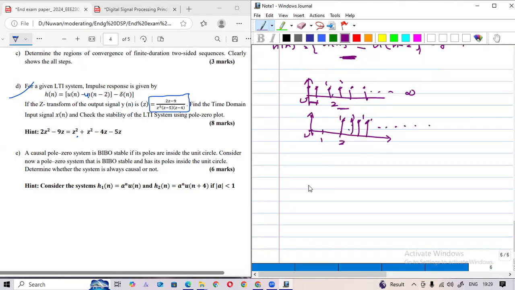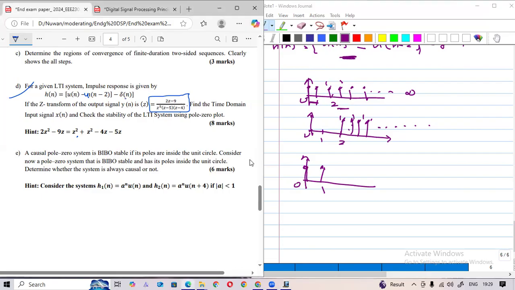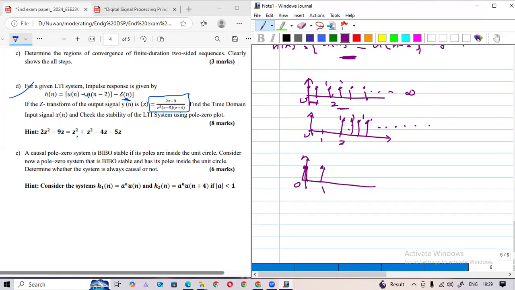So you will have this one and this one, 0 and 1. But again, minus delta[n] is there. Minus delta[n] means this one only.